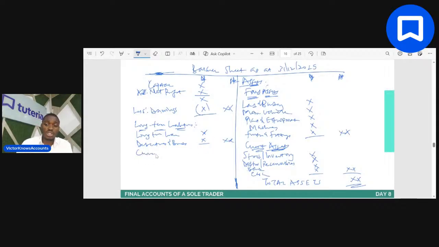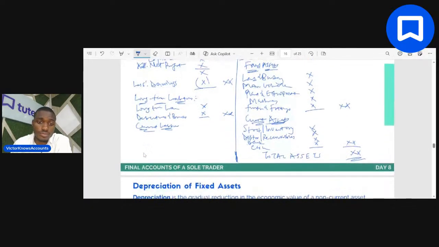Then we have current liabilities. Now under current liabilities, we are going to have creditors. Another name for creditors is payables. Sorry, it's payables. I just like to call it funnily. I'm mimicking somebody. All right. So payables, creditors or payables.